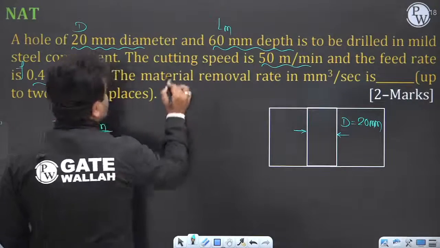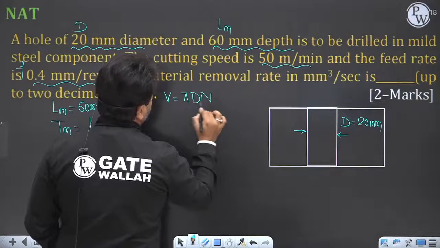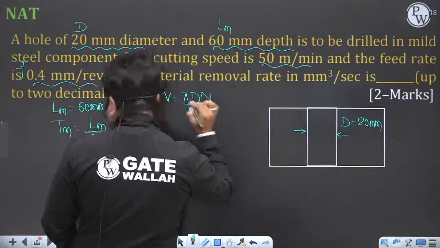Okay. So V equal to pi D N divided by 1000.